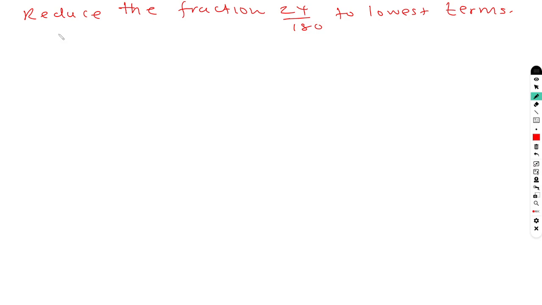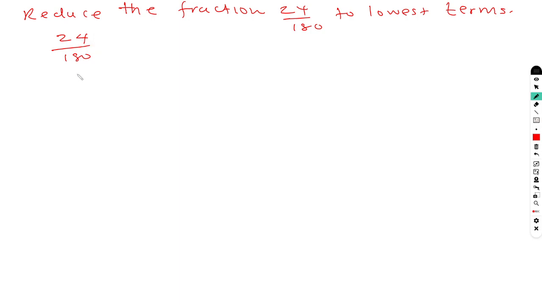So let's reduce 24 divided by 180. Okay, I'm taking this one for somebody who doesn't know much about maths. You reduce this by checking what is common to the denominator and numerator.